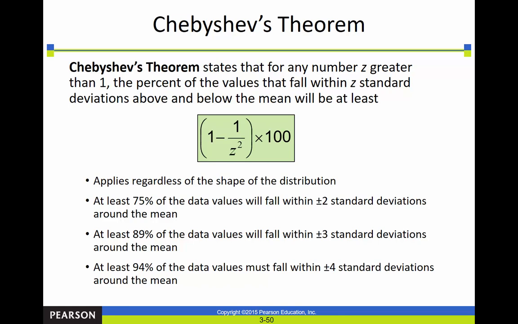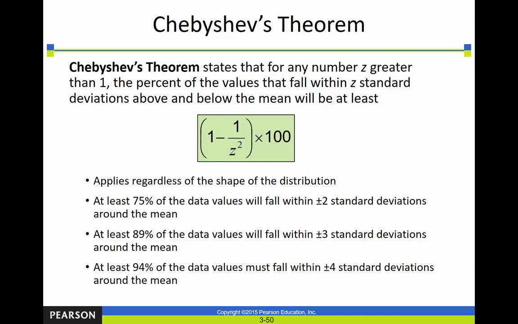All right. We can also look at Chebyshev's theorem, and this is a theorem that we use if we don't know whether or not we have a normal bell-shaped curve like we use for the empirical rule. In this theorem, we realize that regardless of the shape of the distribution, even if it's not bell-shaped, even if it's much different, that still 75% of all the data values fall within plus or minus 2 standard deviations, 89% within plus or minus 3, and 94% within plus or minus 4.